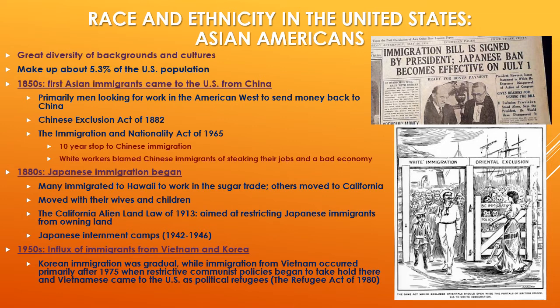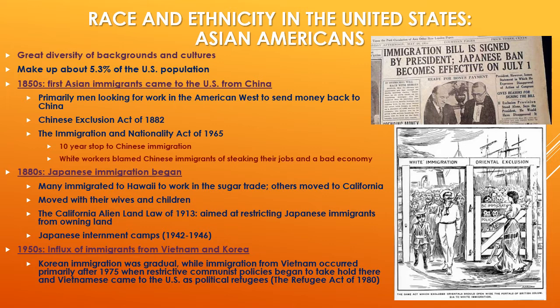During the 1880s, immigrants from Japan began to travel to the United States. Most were moving to Hawaii to work in the sugar trade or to California to work in agriculture. Unlike the Chinese immigrants before them, Japanese immigrants were moving here with their families.